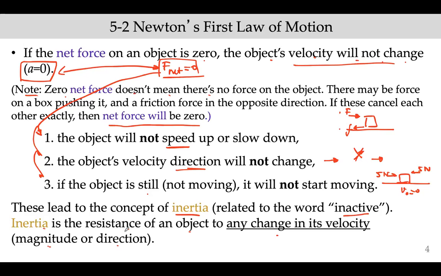They will not change their speed or velocity. And if there is some force, they will present some resistance to change in their velocity. You can only win against that resistance, which is inertia, if you have a force. So only net force can change the velocity of the object.